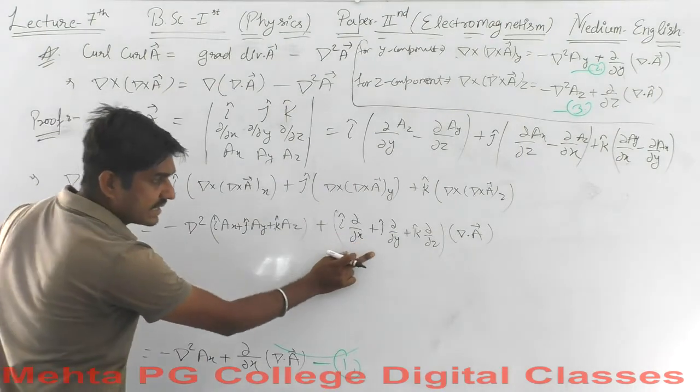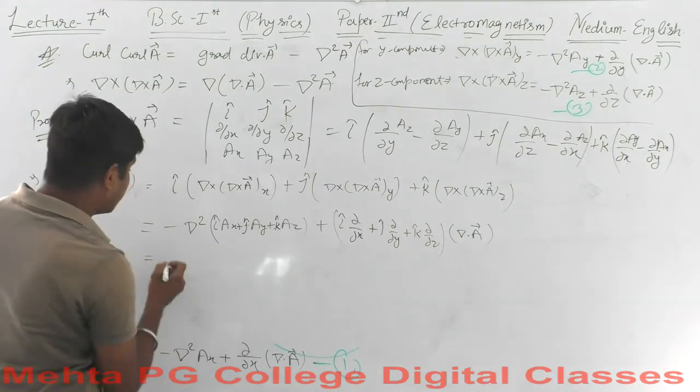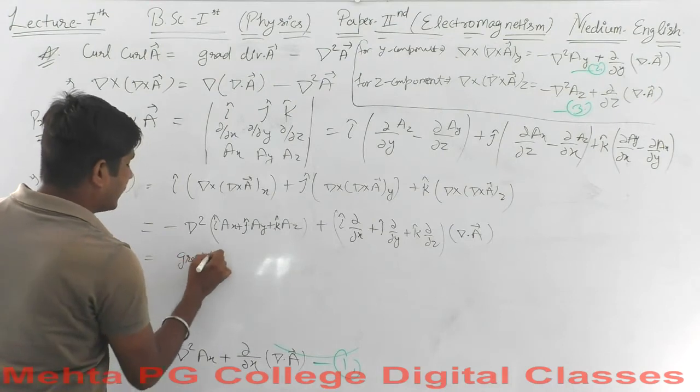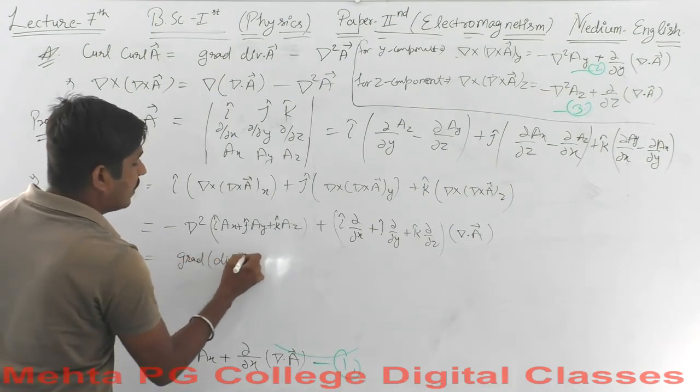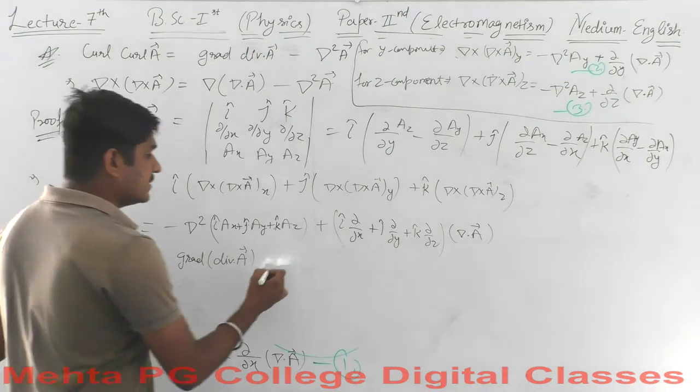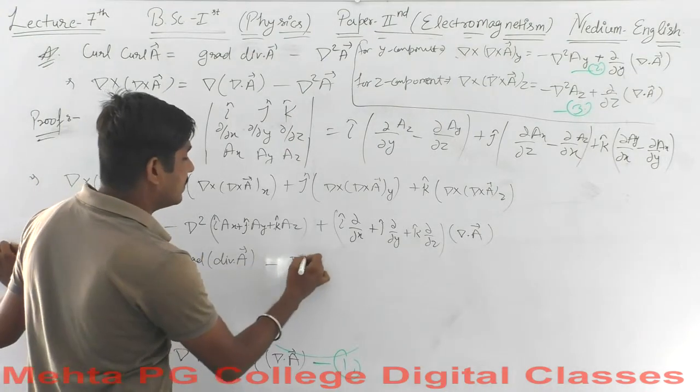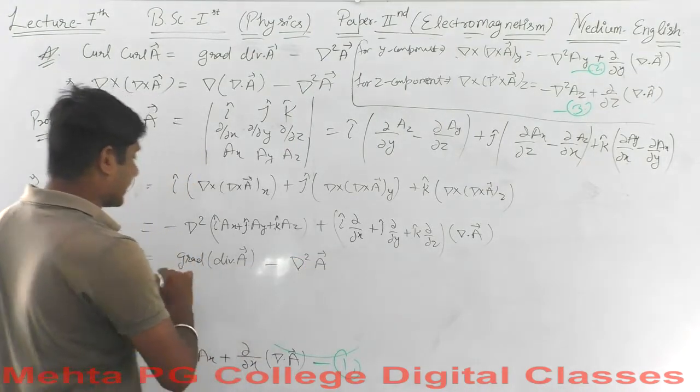This is the gradient of the divergence of A vector minus del square A vector.